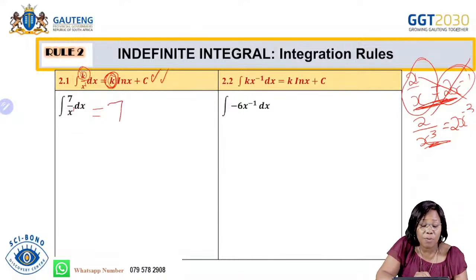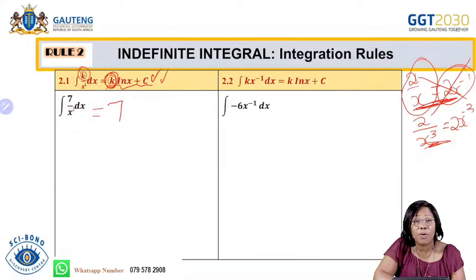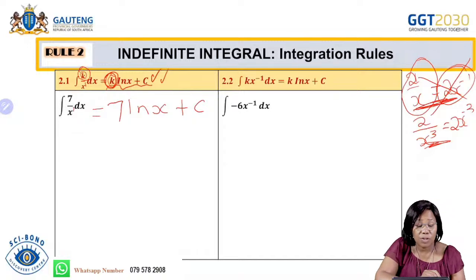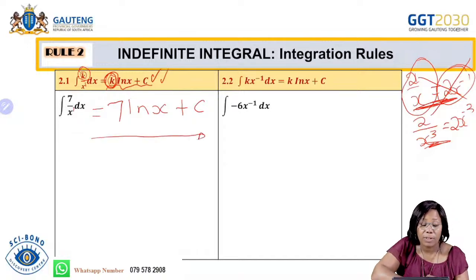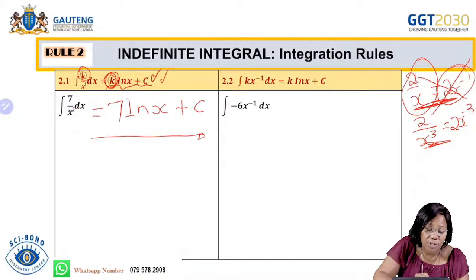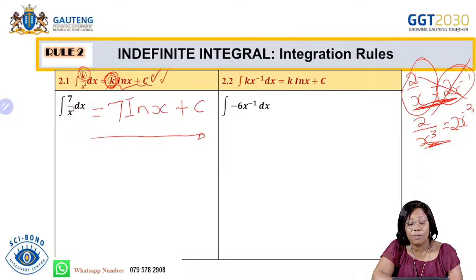Grade 12, this rule is at the back of your formula sheet. Then you'll have 7 ln of x plus c. That is your answer, grade 12. As easy as that. Okay? Remember, this is not 7 times 1, it's 7 ln of x.